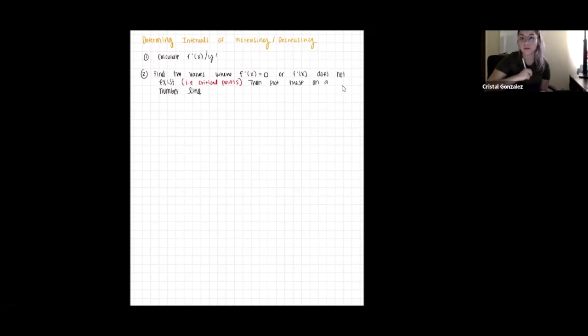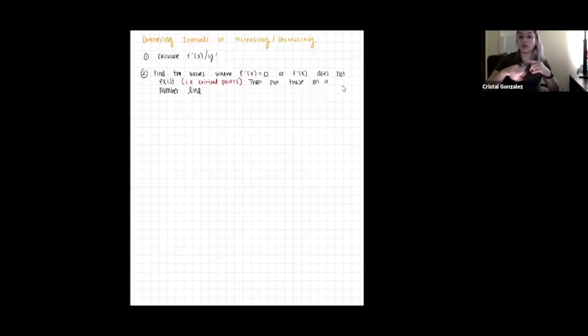All right. So basically the first step, calculate your derivative and then set it equal to 0. This is exactly the same way that we found our critical values in 4.1. So really nothing new here. And now the only thing that's different is that we're going to then plot these on a number line. And I'll show you exactly how to do this with an example.